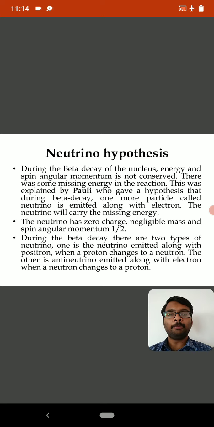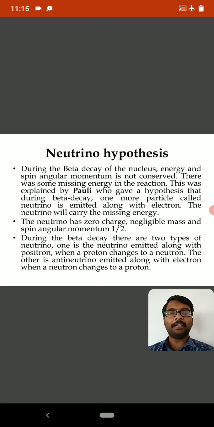And beta decay has a continuous spectrum. Why is it continuous? Because of the energy shared between the beta particle and the neutrinos. Then, to explain some of the properties of the neutrino, Pauli gave a hypothesis known as the neutrino hypothesis. These neutrinos have zero charge, negligible mass, and spin equal to half.